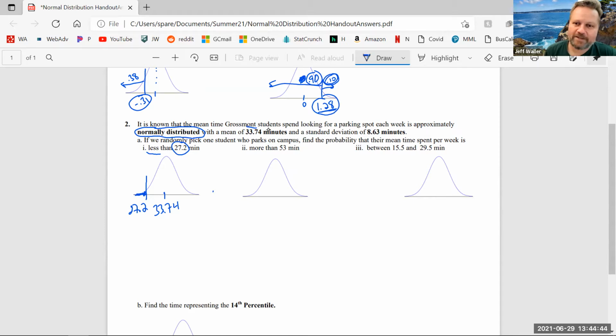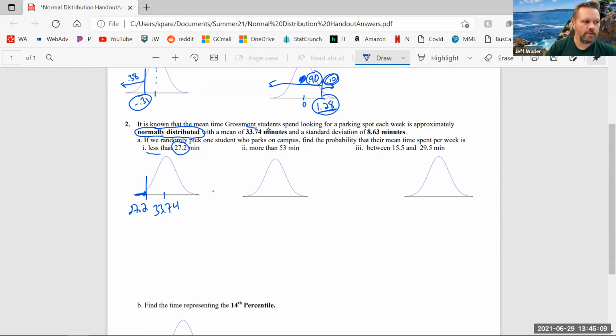Yes? They're times, they're not z-scores. Exactly. So I have to look up a z-score in the z-score chart. So I need to convert these to z-scores. And then once I do, it's just like the problems in number 1.